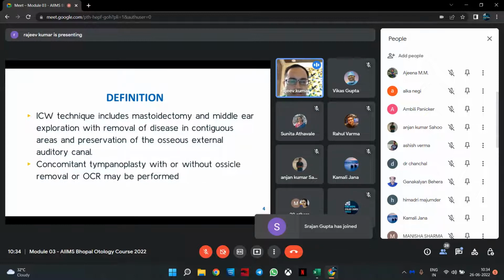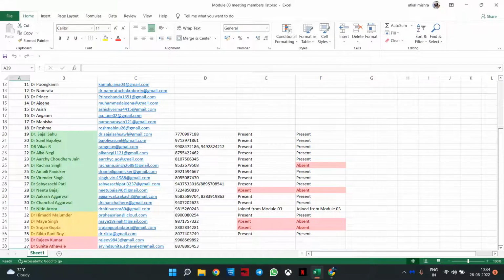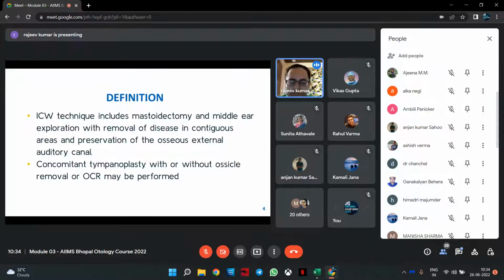That constitutes the intact canal wall. When we do this surgery, we can combine it with concomitant tympanoplasty with or without ossicle removal or ossicular chain reconstruction. So that is the whole surgical part for this intact canal wall.